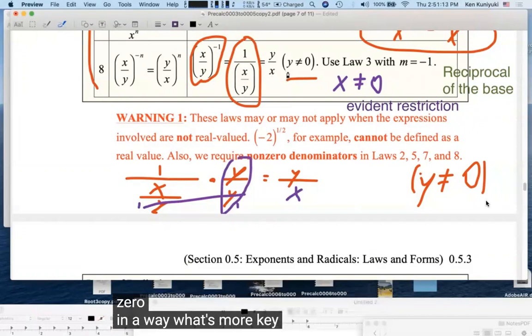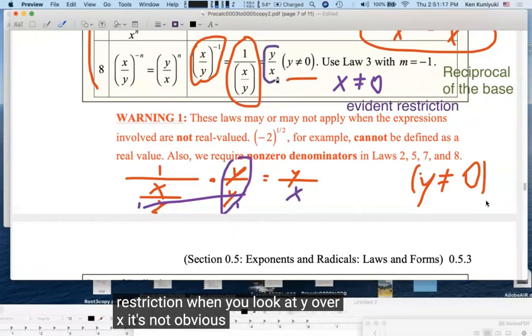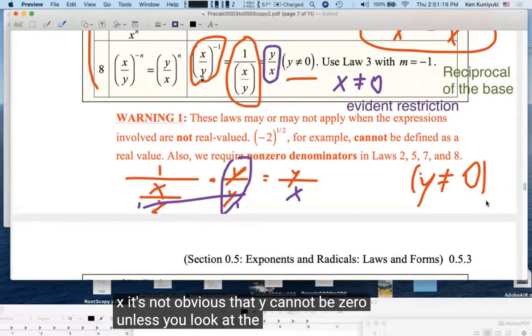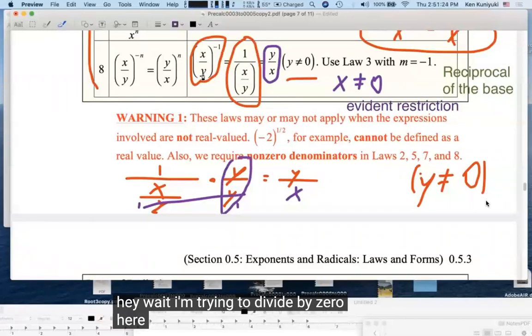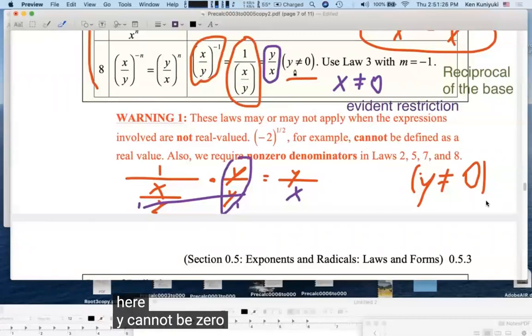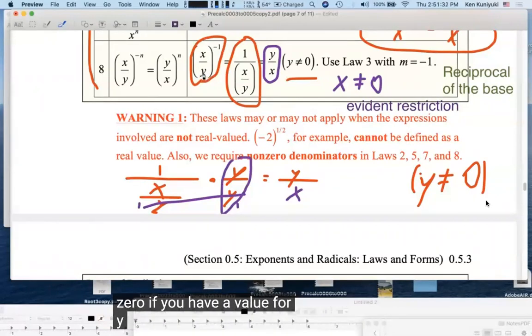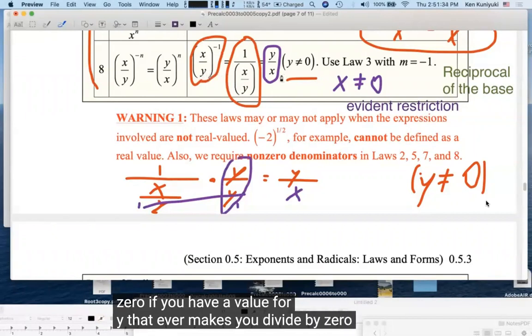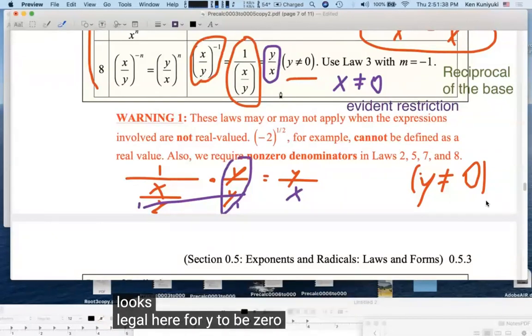In a way, what's more key is the hidden restriction. When you look at y over x, it's not obvious that y cannot be 0, unless you look at the beginning. Hey, wait, I'm trying to divide by 0 here. Y cannot be 0. So remember, if you have a value for y that ever makes you divide by 0, then y cannot be 0, even though it looks legal here for y to be 0.